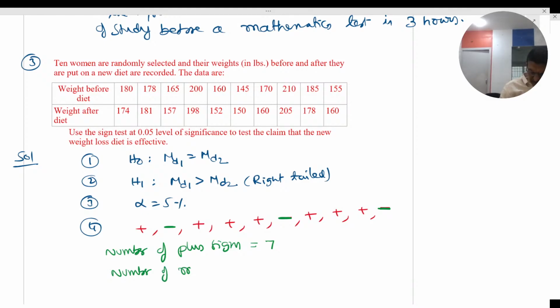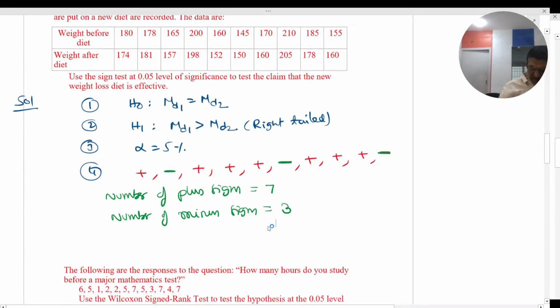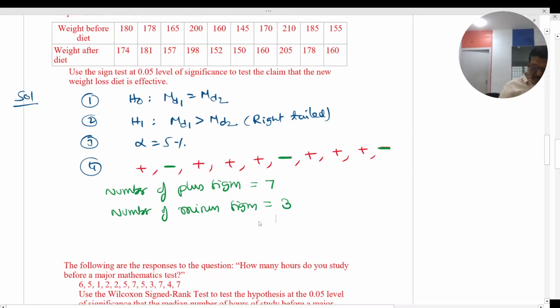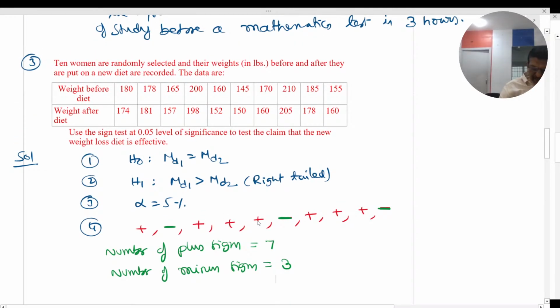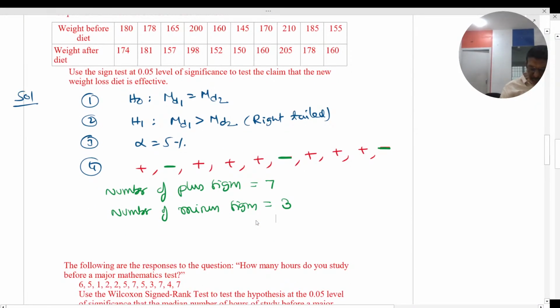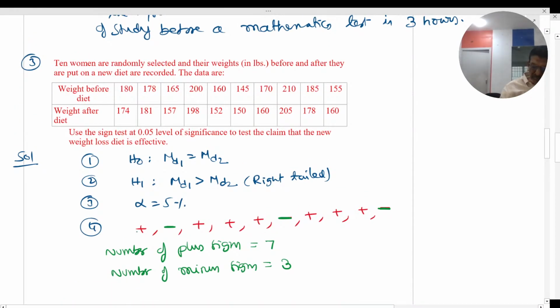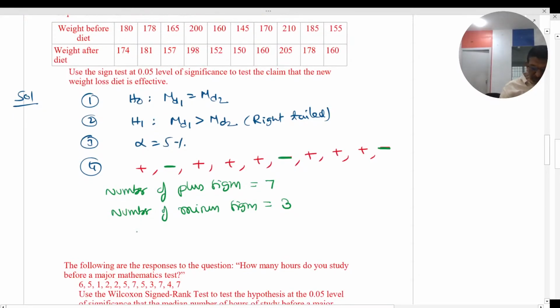Number of minus signs is equal to 3. There is no zero here. If for any observation the weight before diet and after diet is the same, put 0. But in this case, with 10 samples, there is no 0. N is equal to 10.